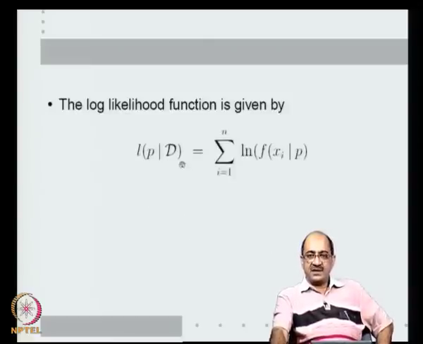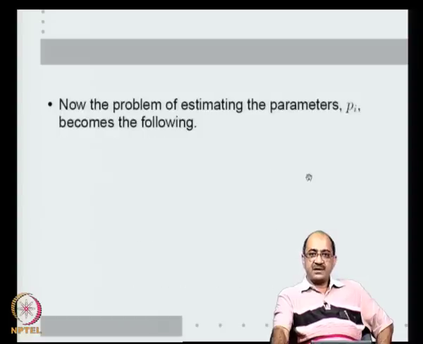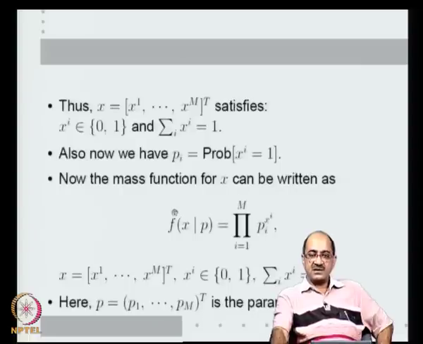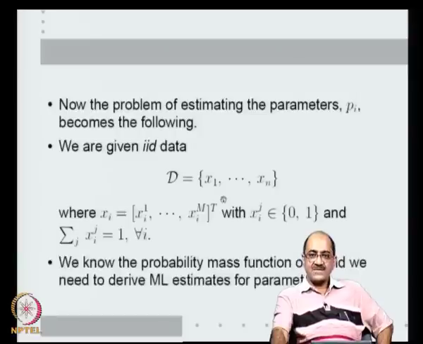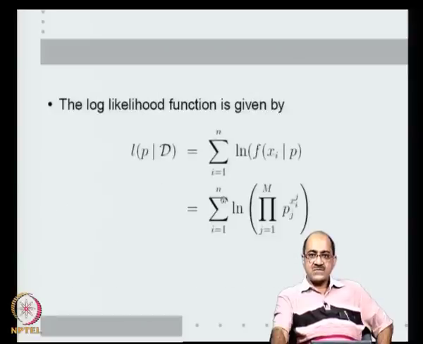L of p given data is the sum over i equal to 1 to n of ln f of x_i given p. Now, f of x_i given p is given by this, right. So, let us substitute that. That is ln of the product over j equal to 1 to m of p_j to the power x_i superscript j.